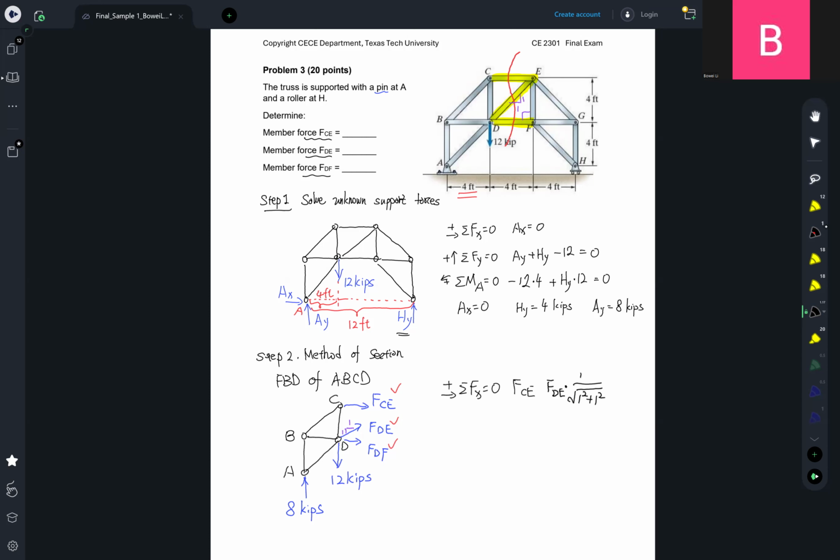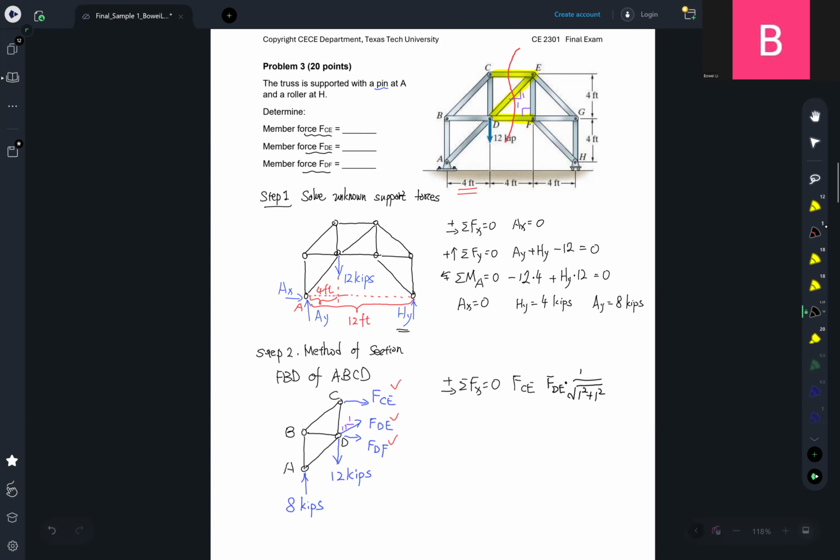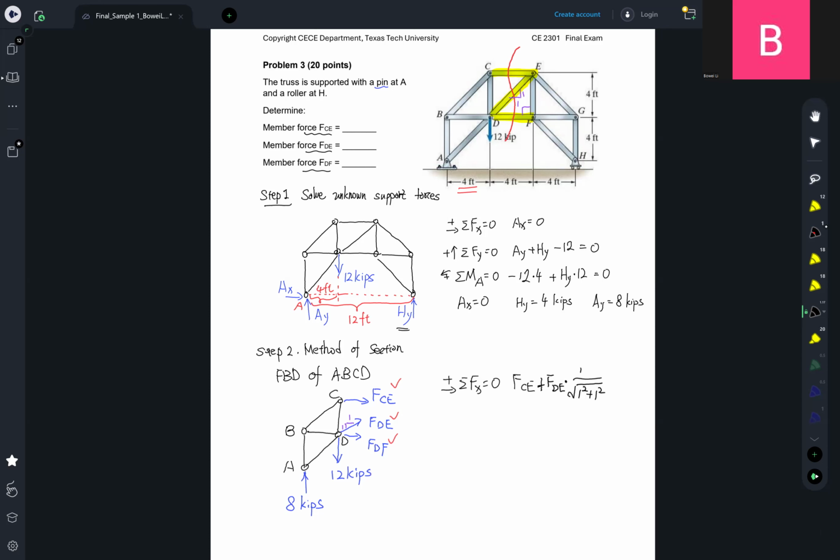If you calculate that, it will be 1 divided by square root of 2. And positive or negative here? Since it is going towards the right, it is positive, right? And what else do we have?